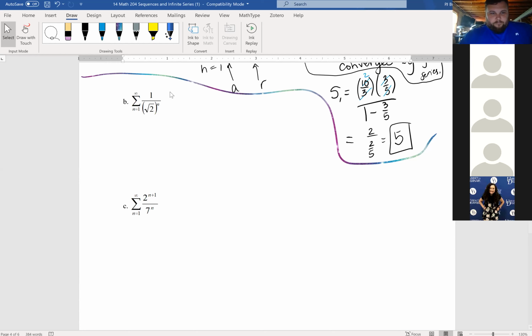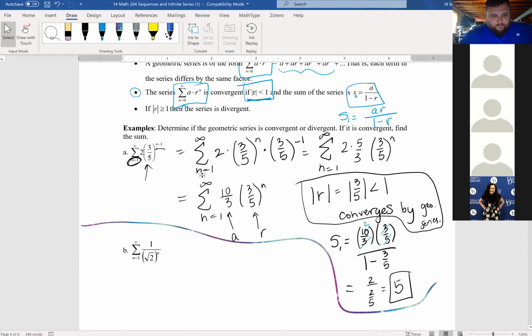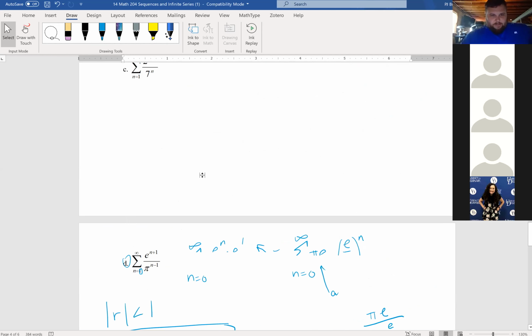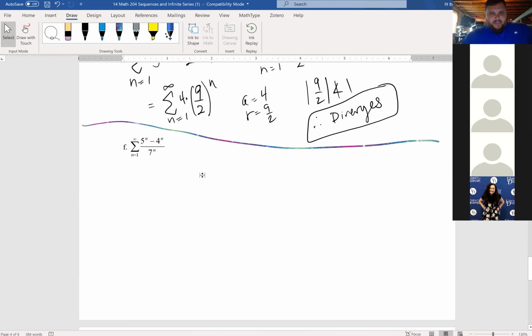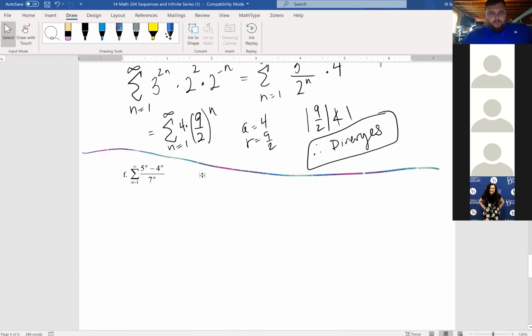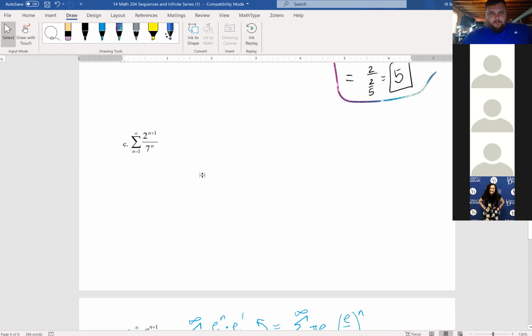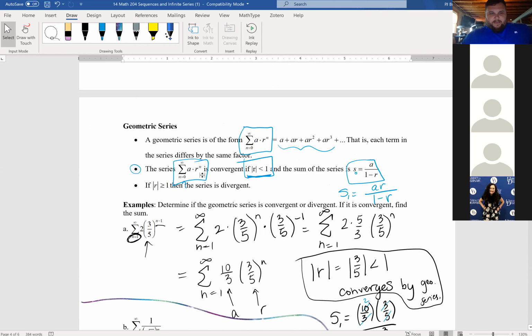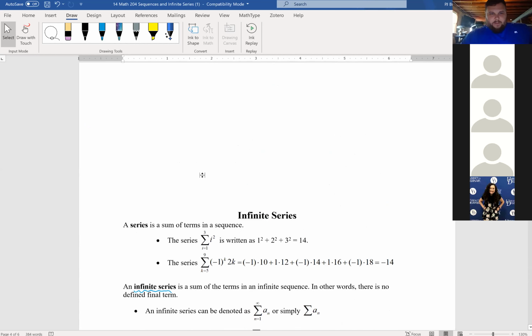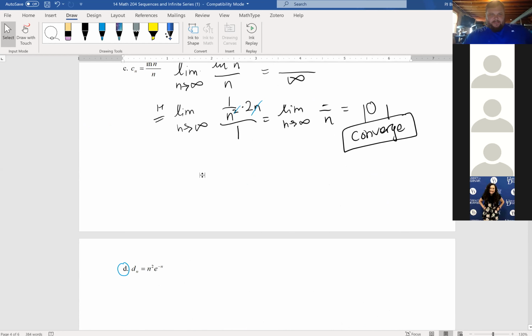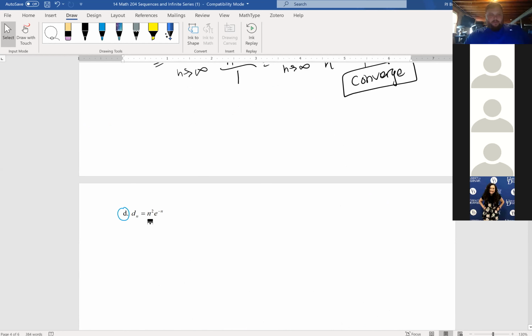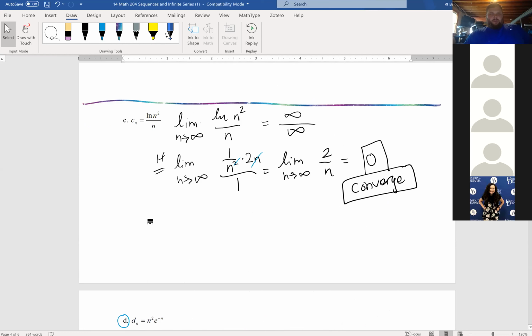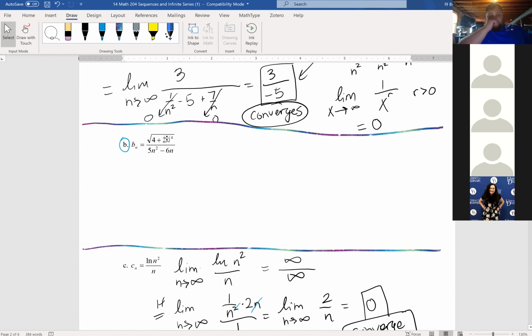All right, so it looks like I left B, C, and F here under the series section. And under the sequences, I left you D and B. Do you guys have access to these?